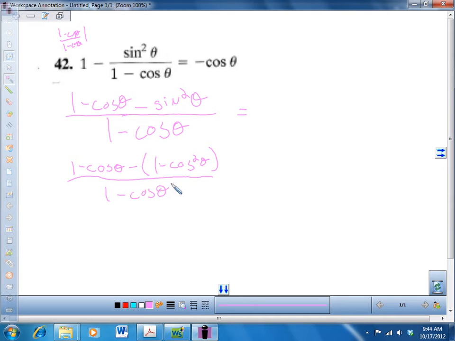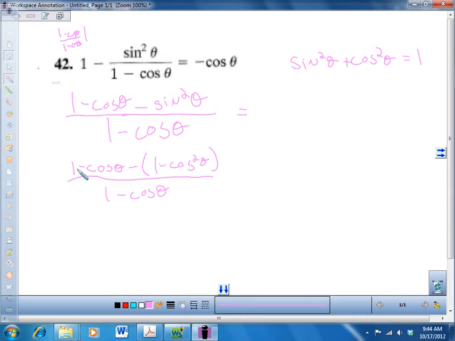I did that because I know that sine squared theta plus cosine squared theta equals 1. Therefore, 1 minus sine squared theta equals cosine squared theta, or 1 minus cosine squared theta equals sine squared theta. So you can use that substitution whenever you want, and a lot of times it's helpful.